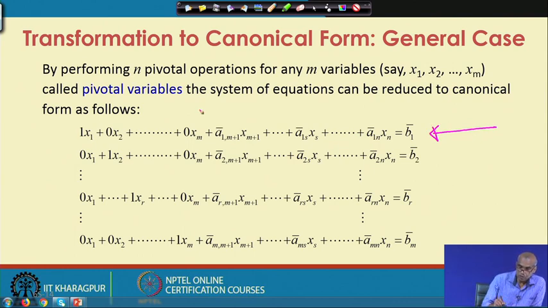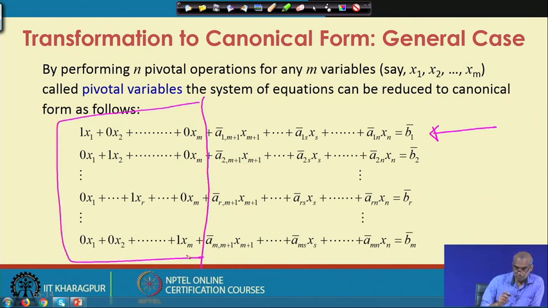So, first focus your attention on first m variables. So, this part is similar to m by m square system. So, here I will have canonical form as discussed in m by m square system, and I can do this by doing the pivotal operations or doing these elementary row operations.